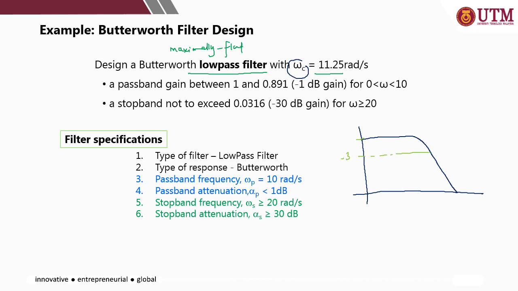Okay, this is 0 dB. And then this is your omega C equal to 11.25 radian per second. Okay, a pass band gain, in dB it is minus 1 dB, so it's here.